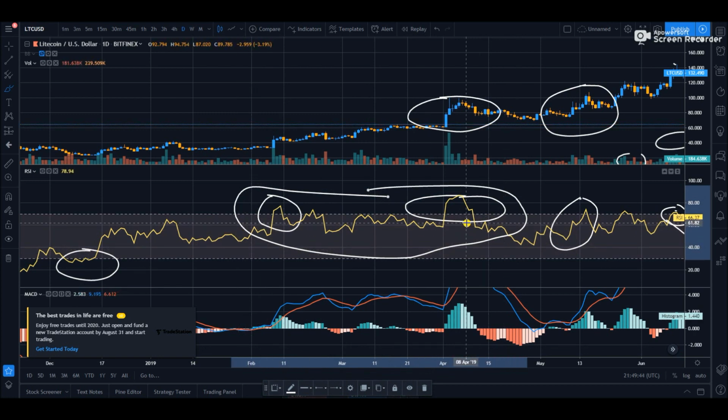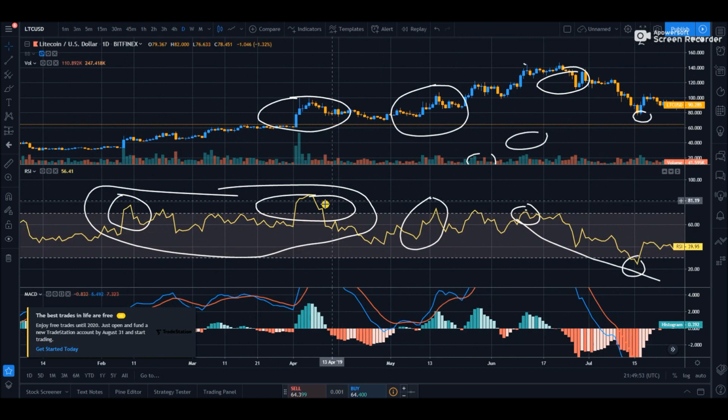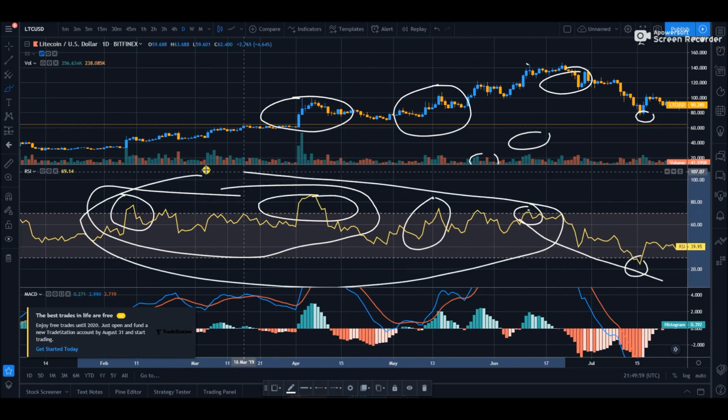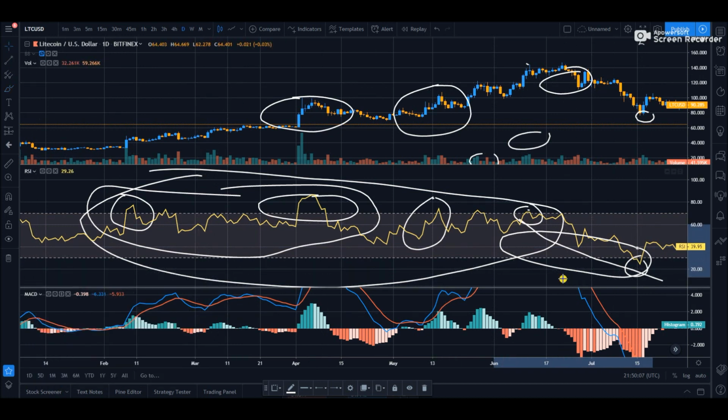February to April, we were near the overbought levels. We were hanging around 76 to 50. And then we kept going actually all the way until July.